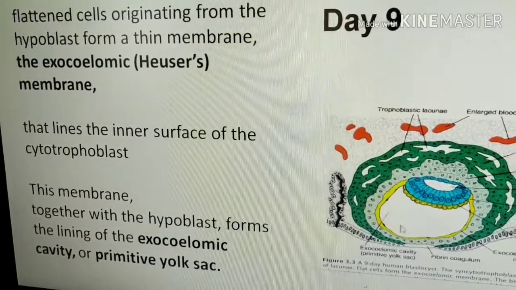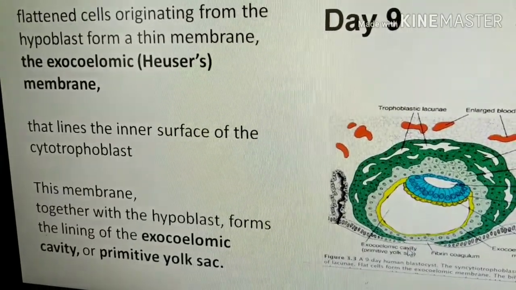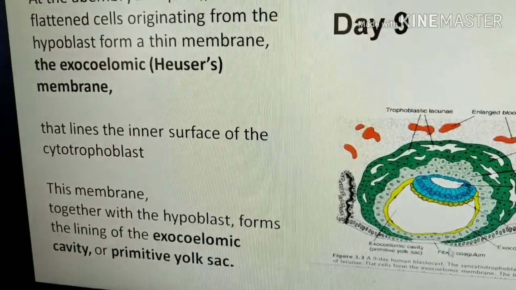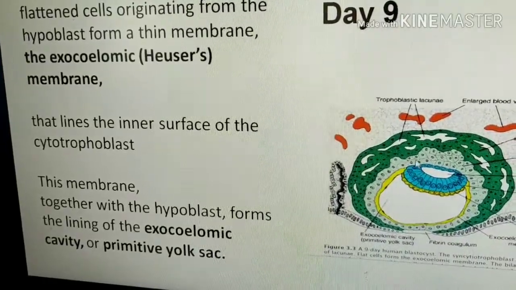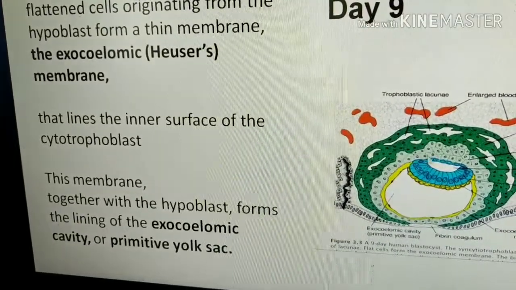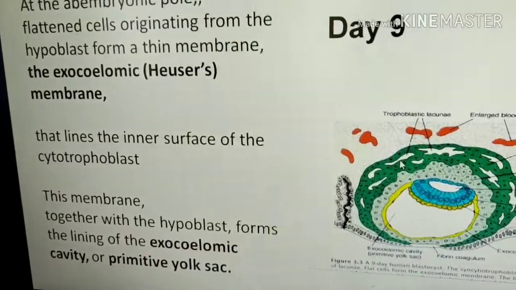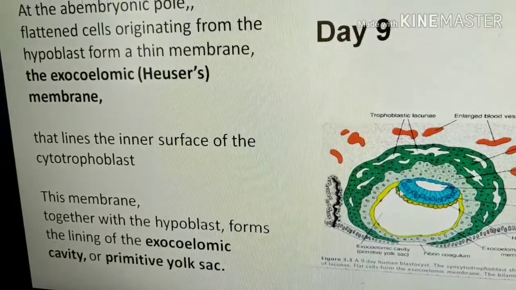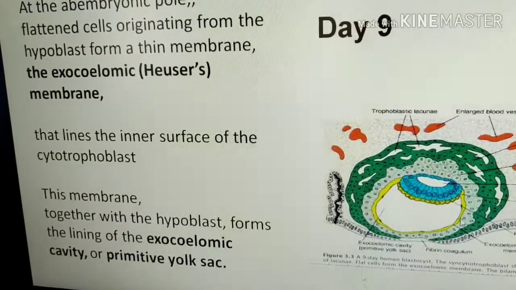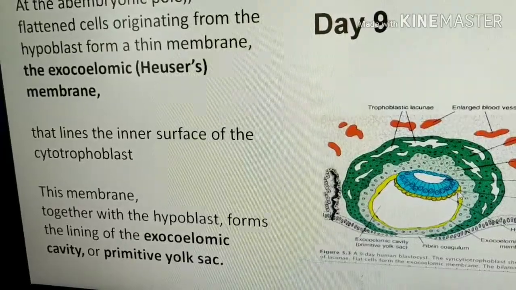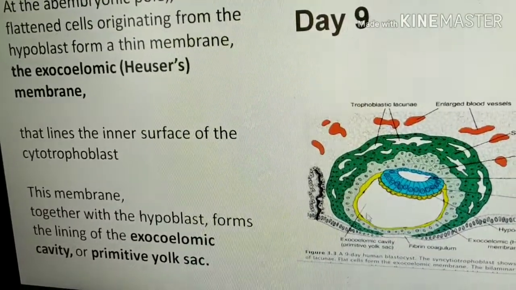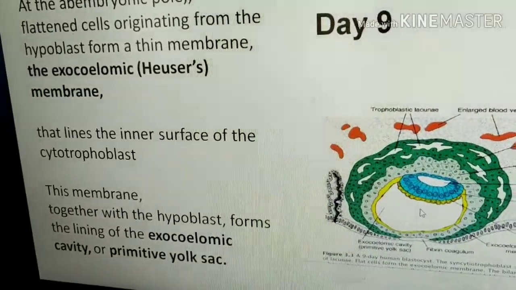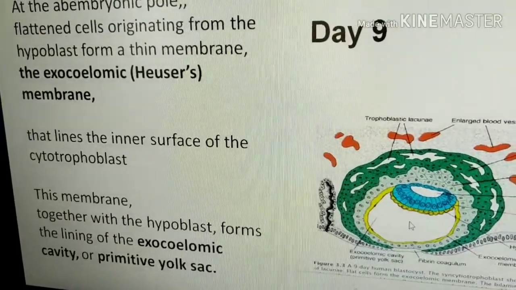First there is deep embedding, and the penetration site is closed by a fibrin plaque. Then at the embryonic pole the trophoblast has lacunae, and at the abembryonic pole another membrane forms, known as Heuser's membrane or exocoelomic membrane. This membrane and hypoblast surround the cavity, now known as the exocoelomic cavity or primitive yolk sac.